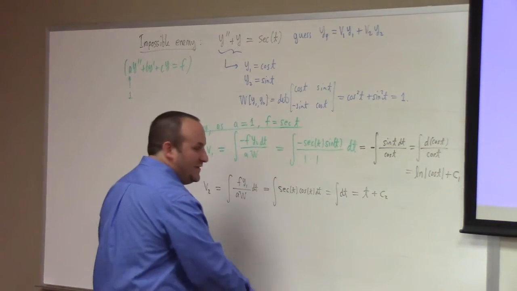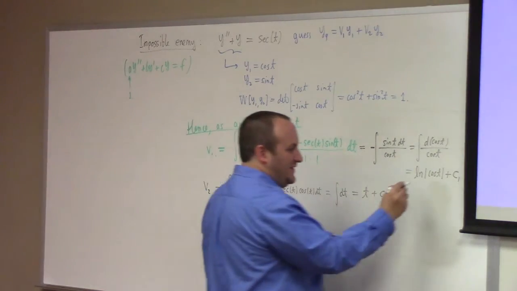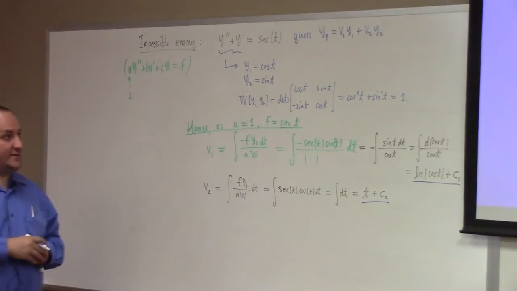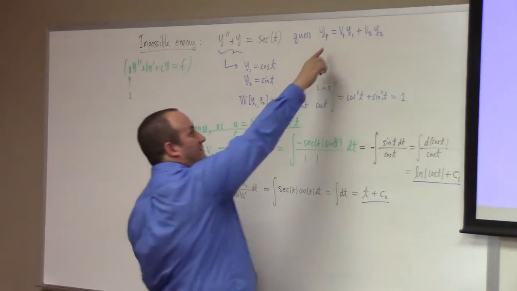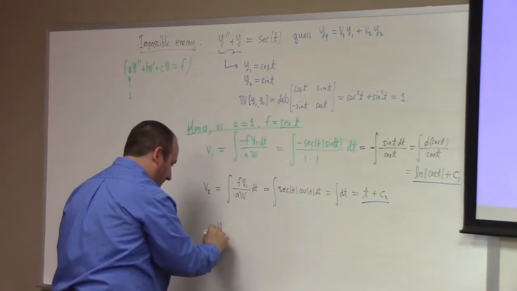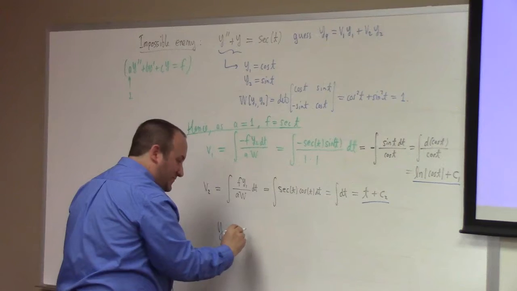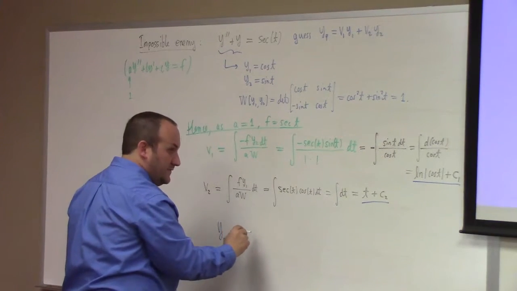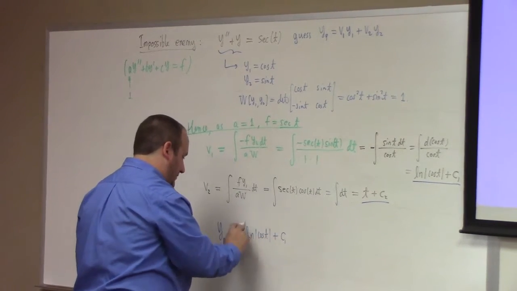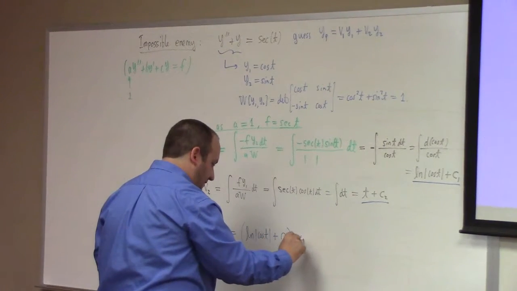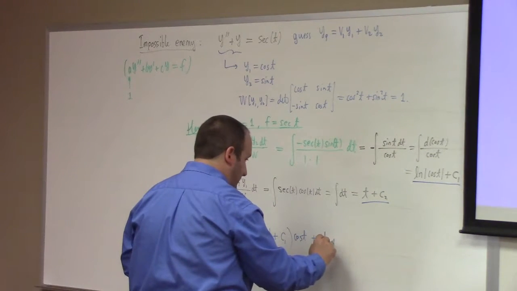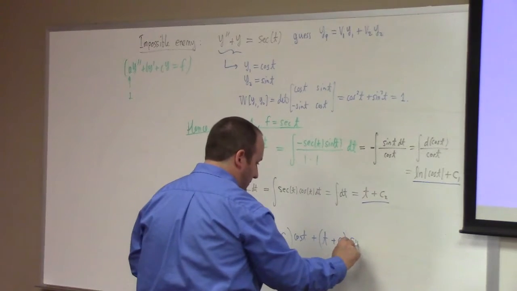Now, I say plus c1 and plus c2. It kind of depends on how you want to do things. If you add constants here and here, it turns out that this isn't really yp, it's the general solution, right? So let me just write that down. So yp is equal to v1, natural log of the absolute value of cosine t plus c1, times cosine t, plus t plus c2 times sine t.